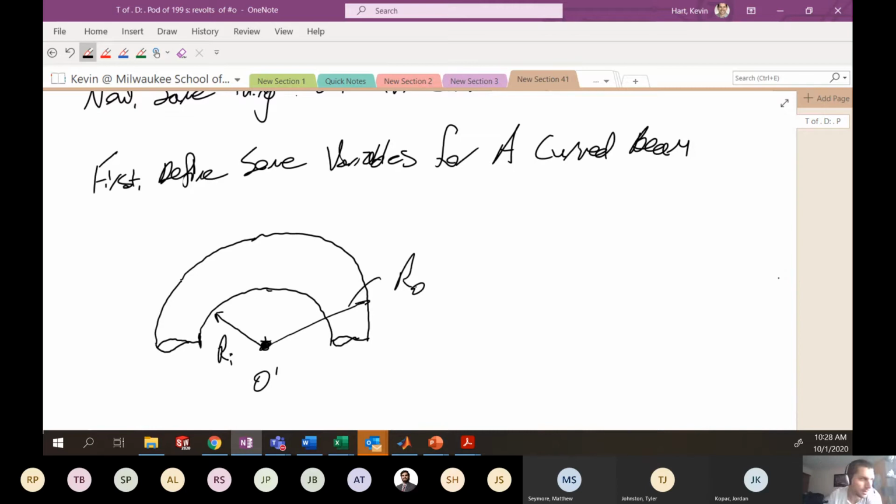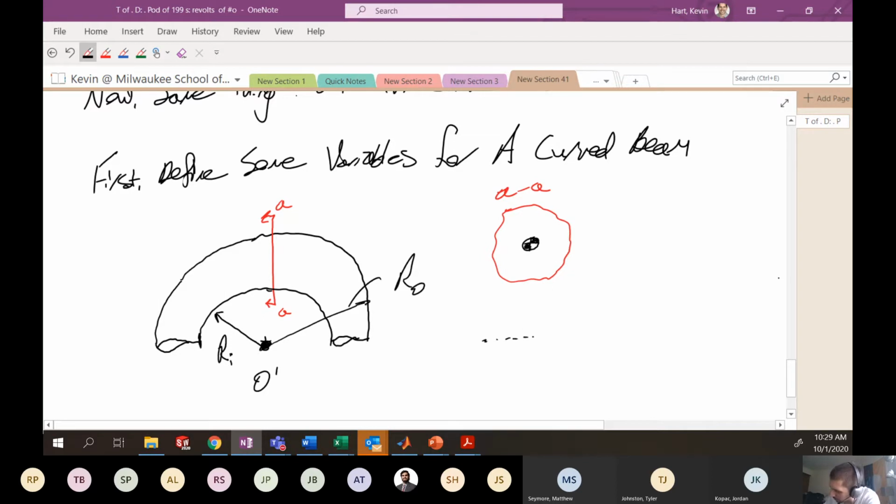We can define a length to the centroid of the cross section. So if we sliced this beam here and looked at this, here's section AA. There's going to be some centroid of this cross section. The distance from O prime to that centroid, we label as R bar.